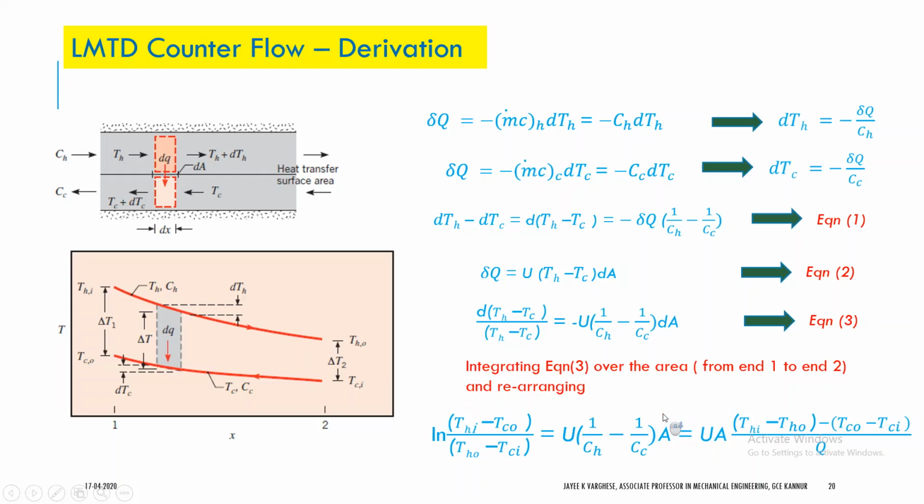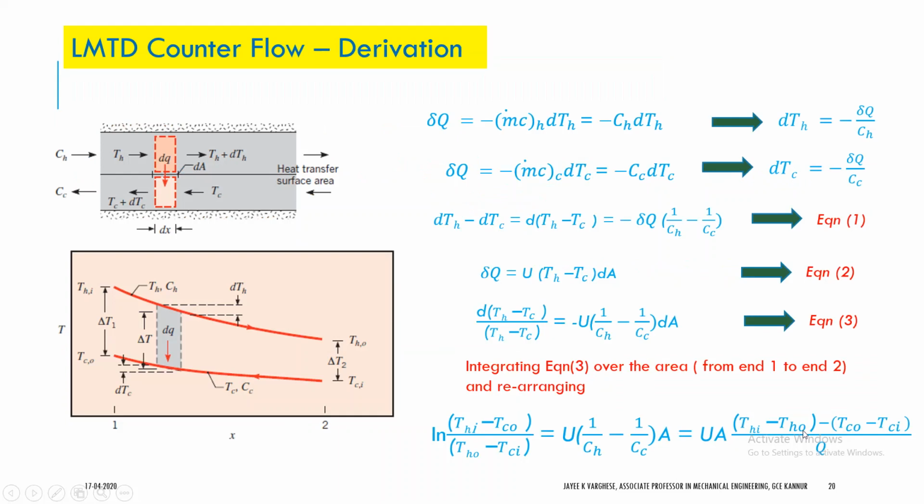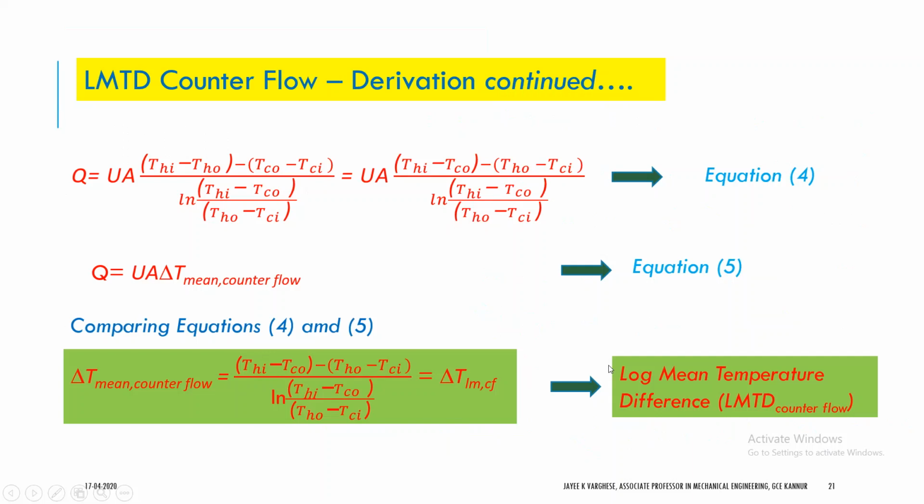So Q is equal to UA into THI minus THO minus TCO minus TCI divided by log of THI minus TCO by THO minus TCI. Now, this should be rearranged.